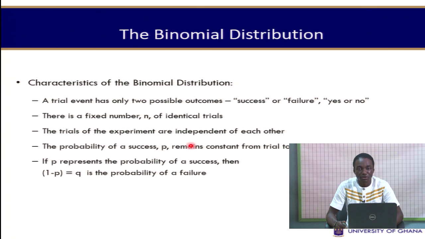The trials of the experiment are independent of each other, and then the probability of success remains constant from trial to trial. And if the probability of success is P, then the probability of failure, which is also denoted as Q, is 1 minus P. So if success is P, failure is 1 minus P.